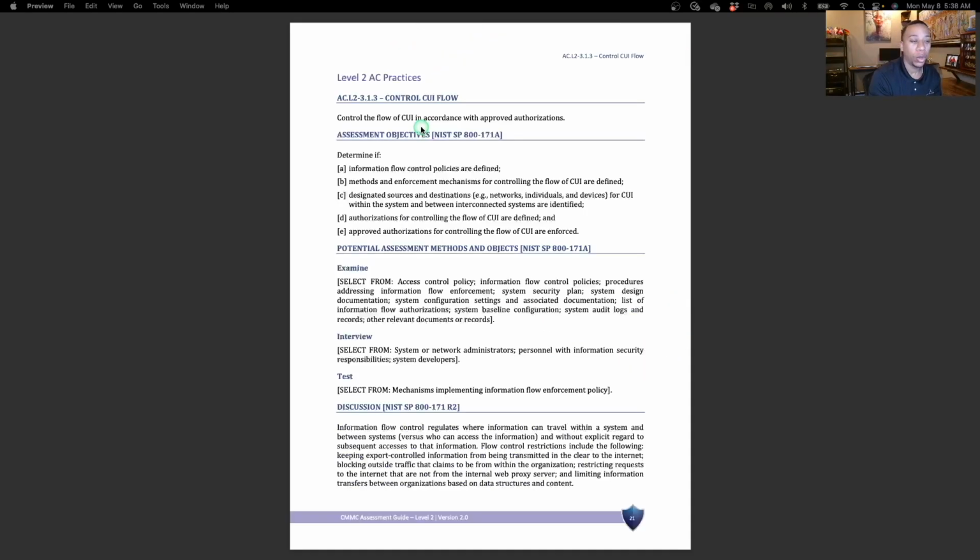With AC.L2-3.1.3, controlling the flow of CUI, that controlled unclassified information, we want to ensure that we have boundaries set up where the flow of that CUI, whenever it's traversing your internal network going to the internet, is encrypted. Also, when that CUI is being transmitted internally on your network, you want to have boundaries set up and rules specifying who can send that CUI, who can access it, and what systems it can flow to.